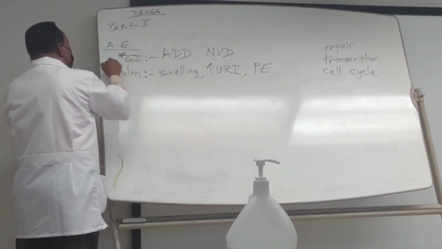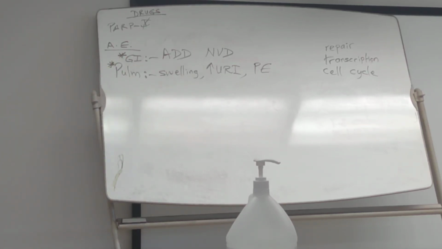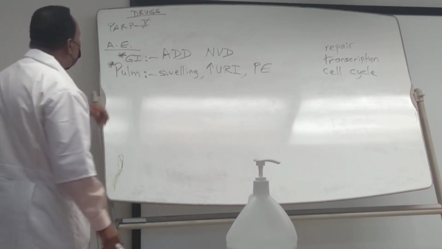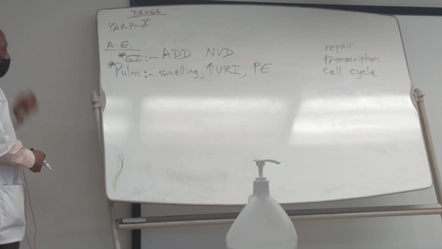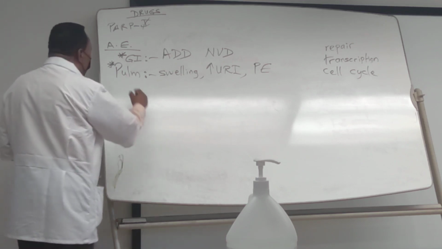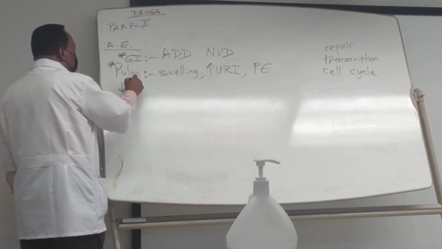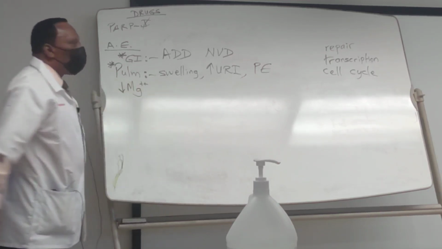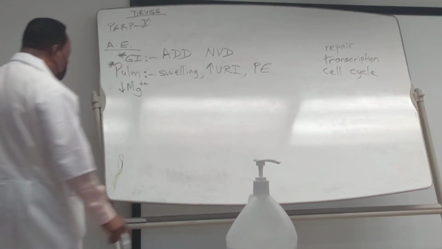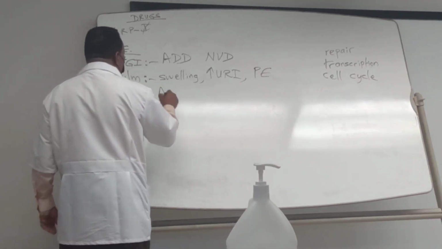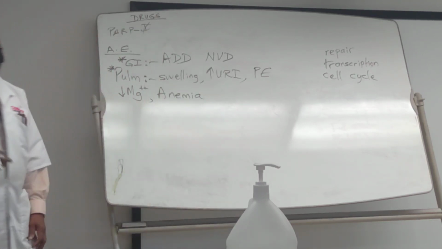GI and pulmonary symptoms are the two primary organs or tissues that your olaparib can affect. Now you can also have a drop in magnesium, so hypomagnesemia can be seen with this drug, and it may also affect the bone marrow a little, so you can get anemia.